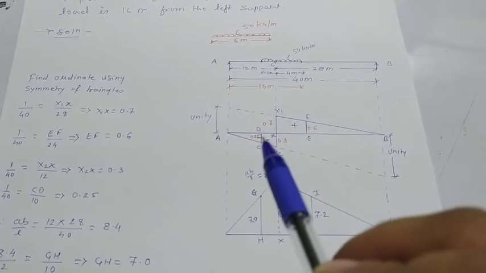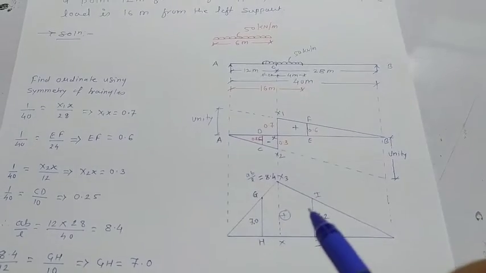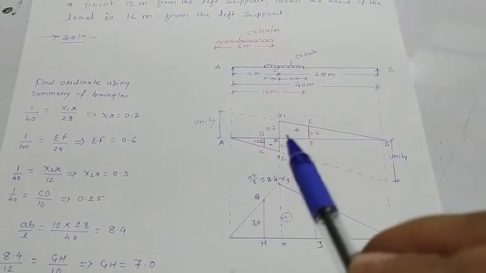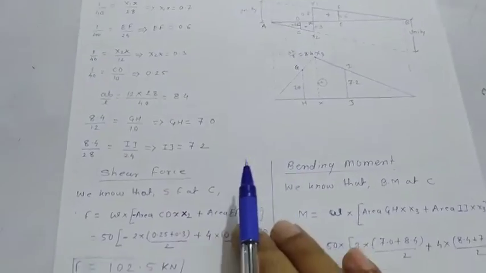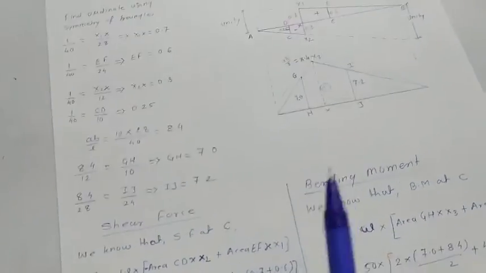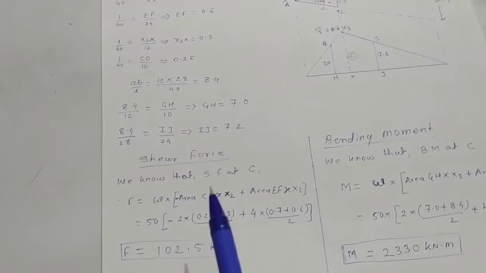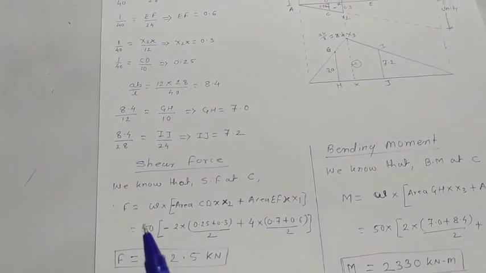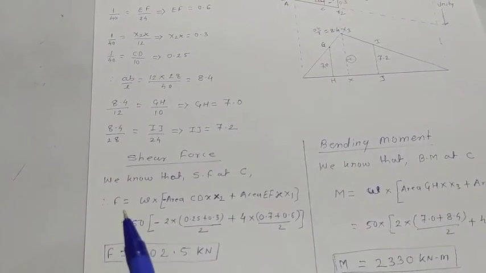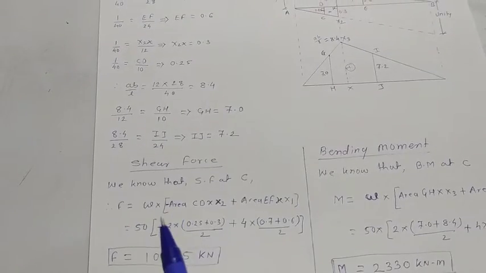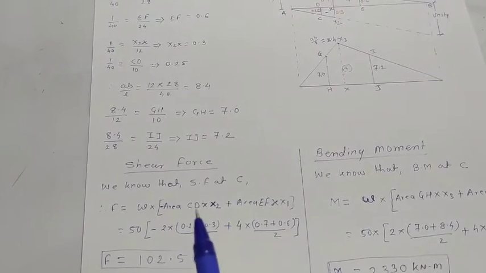So the UDL is acting on this portion and this portion. Now find out the shear force. We know that the shear force at C, denoted by F, is W into the area covered by the UDL.